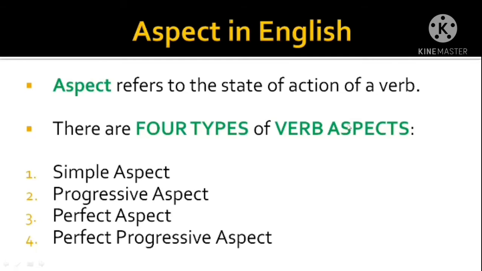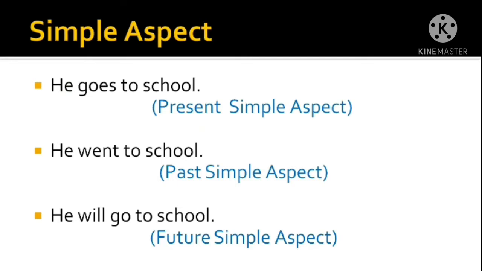Now I would like to proceed further with the first aspect. Only terminology is going to be changed. Whatever we have learned in the school, the same is going to be processed over here. I hope you understood this particular point.